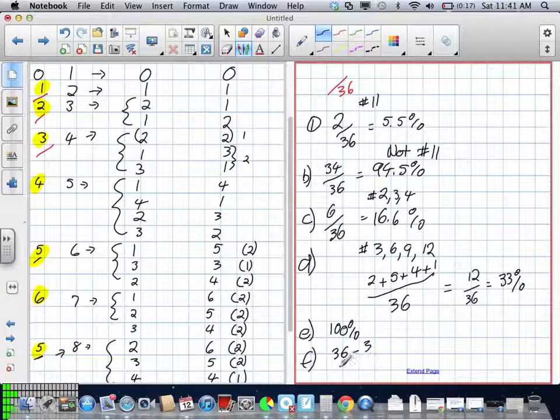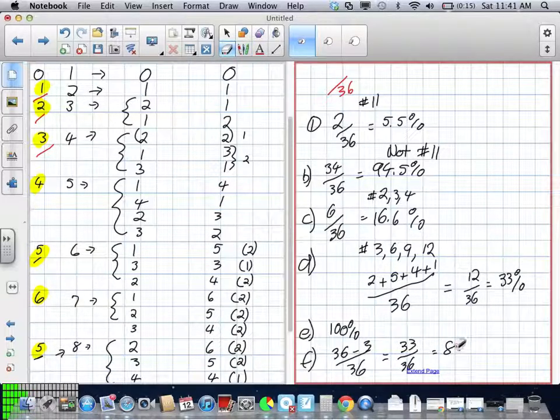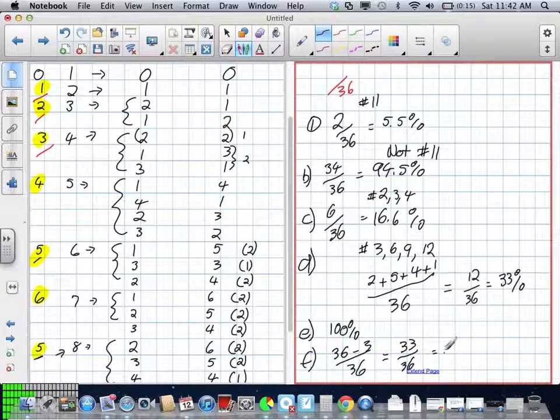We take away the number 3 out of 36. 3 divided by 36 times 100 is 8.3. What about 33 divided by 36 times 100? What are you going to get? 91.6. Yeah, 91.6% chance of rolling something greater than a 3. Okay?